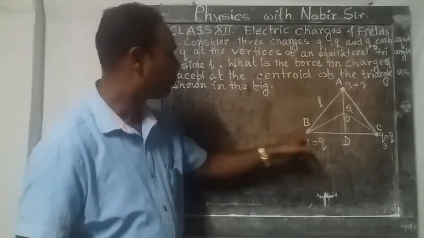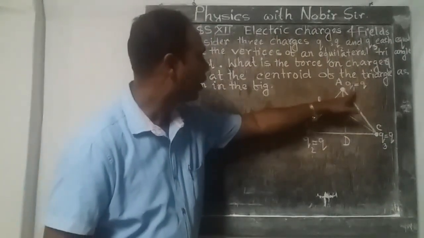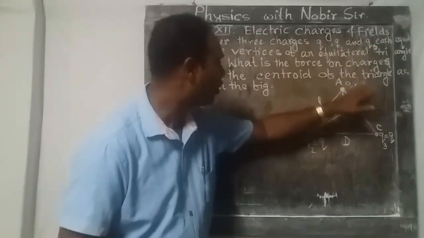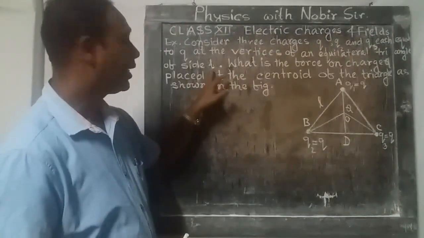The three charges are placed at the vertices: Q1, Q2 and Q3. All the charges are at the vertices of the equilateral triangle of side L.